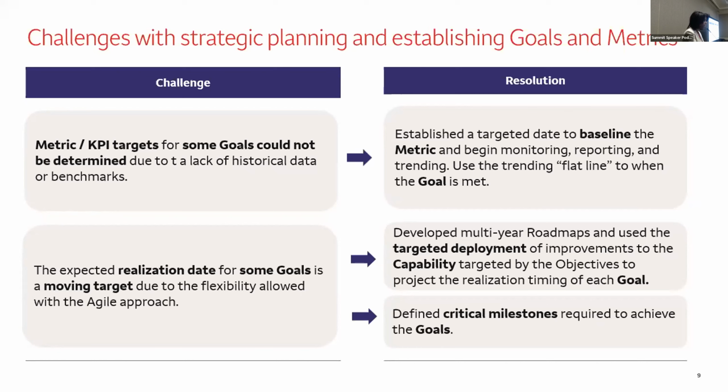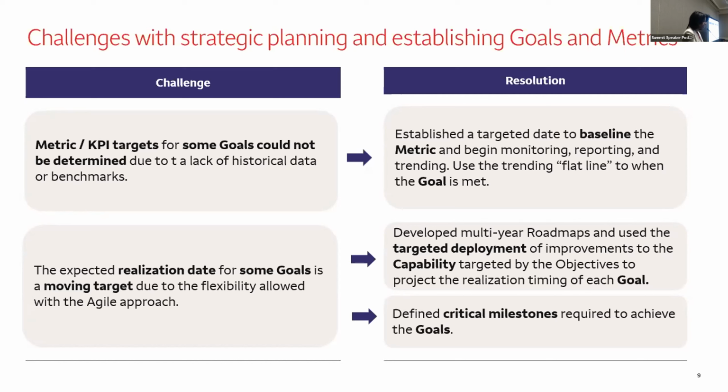The other thing was because of using the agile approach, the realization date for some of the goals felt like a little bit of a moving target. And I've heard a couple of you talk about that as well. And so what we did was two things.